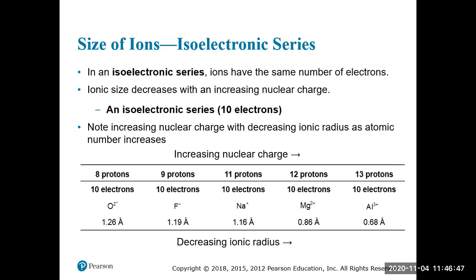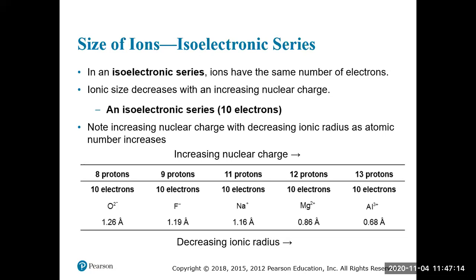Well, why is that? One big reason is, if we compare the -2 oxygen to the +3 aluminum, in the -2 oxygen, we've got those 10 electrons, but only 8 protons. With the aluminum +3, we've got 13 protons now and 10 electrons.